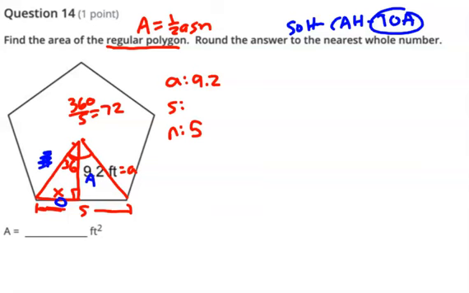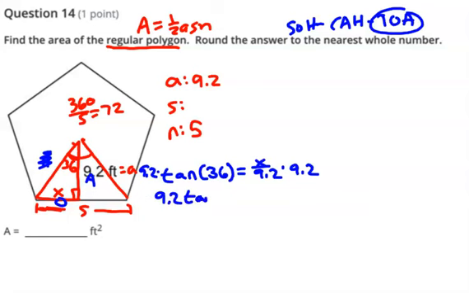So tangent of 36 equals x over 9.2, opposite over adjacent. When the number is on the bottom, you multiply both sides by that number. So 9.2 tangent of 36 is equal to x. I'm going to round a little bit here so I can show you the next part. This is equal to 6.68.